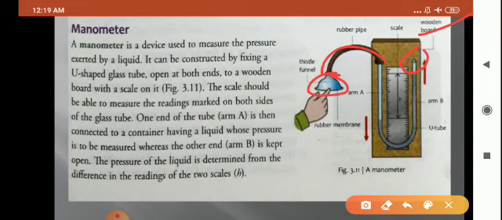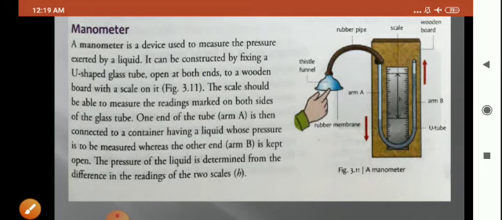Now how do we determine the pressure exerted by a liquid?